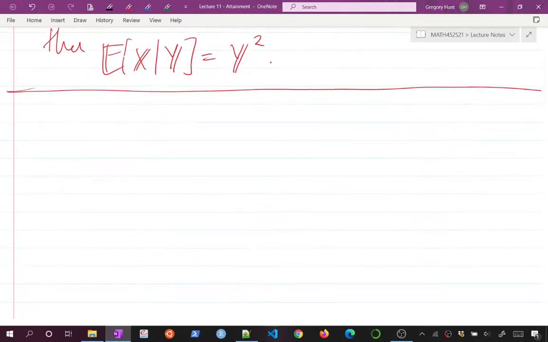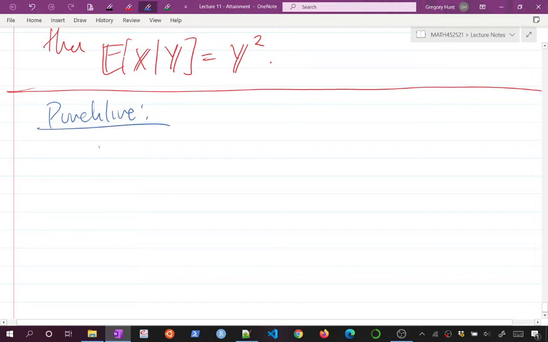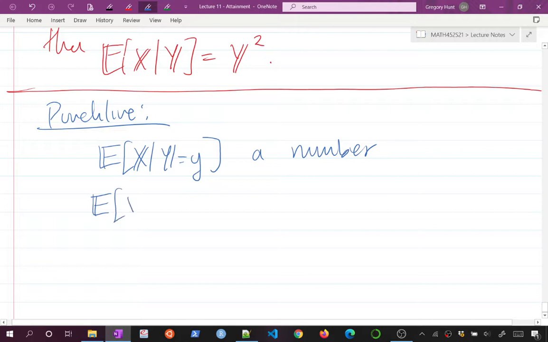So let me just write that out real quick. The punchline is that this thing is a number, and this thing, expected value of X given Y, is basically the above thing, but we treat the y as random also, a random variable.